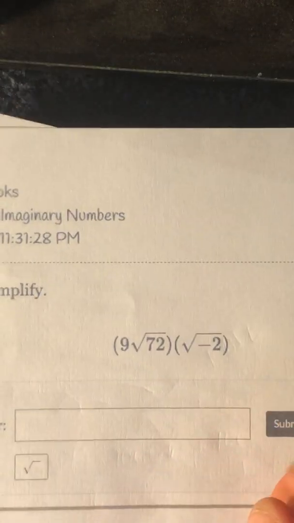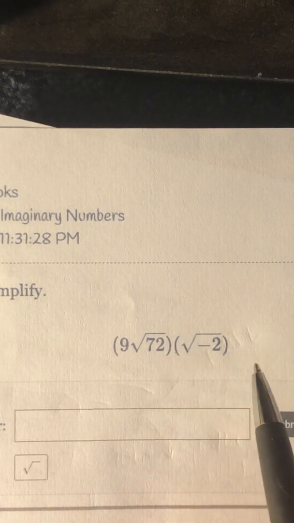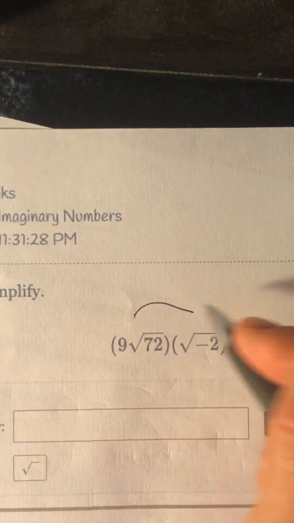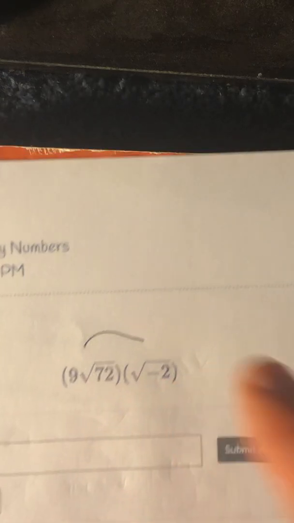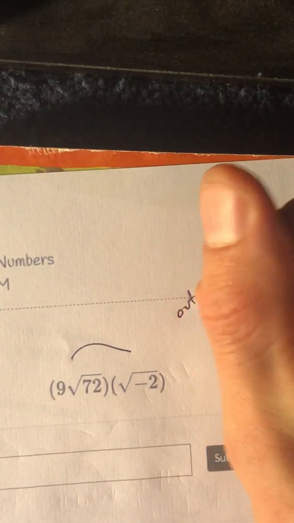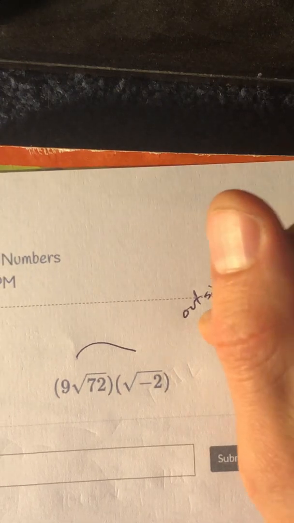Okay, let's do some more multiplication. Notice that these two numbers are together with the parentheses, so I'm going to multiply. And you need to remember when you multiply radicals that you multiply outside times outside and inside times inside.